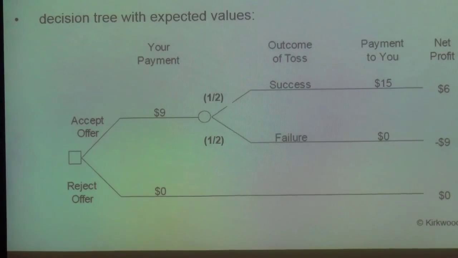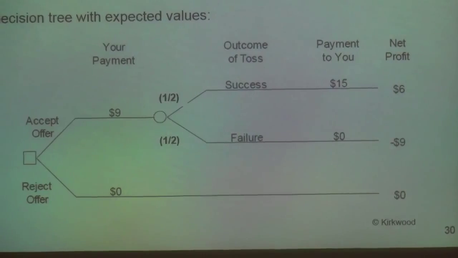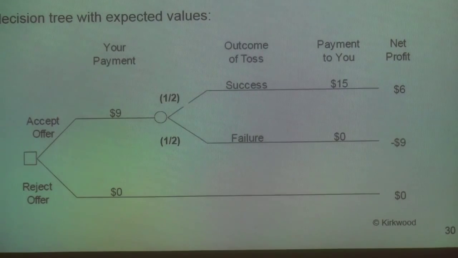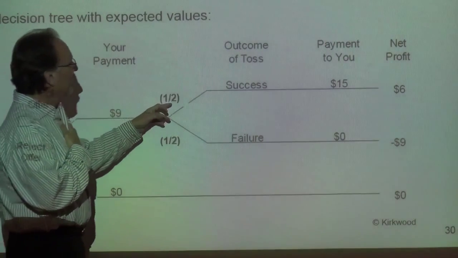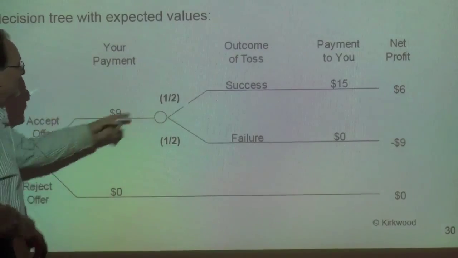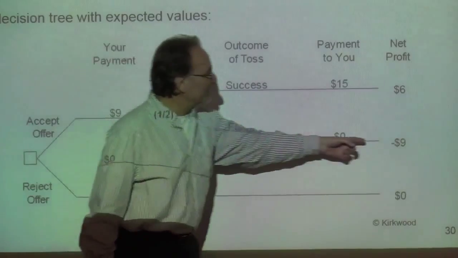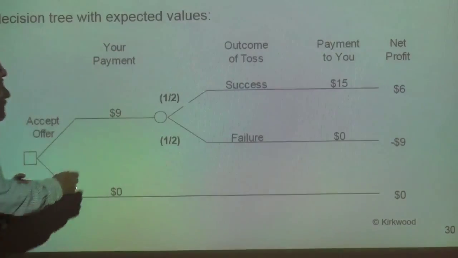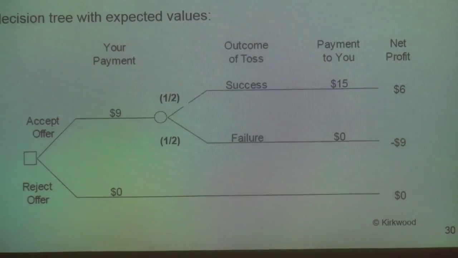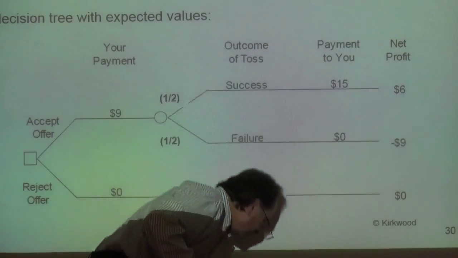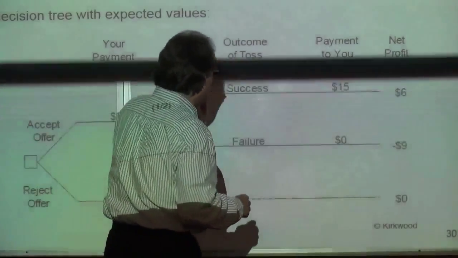It's the probability times 6 plus the probability times -9. That's the expected value for that node.